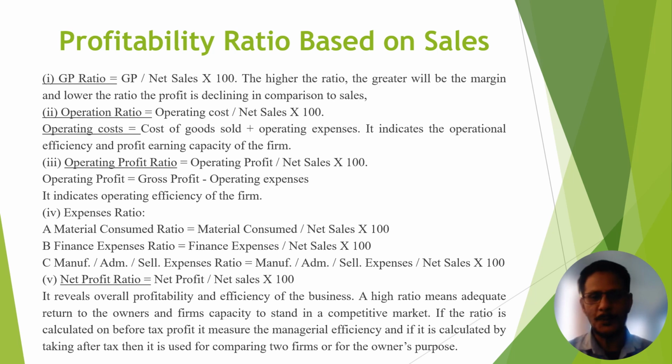If the net profit ratio is calculated on before tax profit, it measures the managerial efficiency. If it is calculated by taking after tax profit, then it is used for comparing two firms or for the owner's purpose. Here we have two sides, before tax and after tax. This is all about the ratios based on sales.